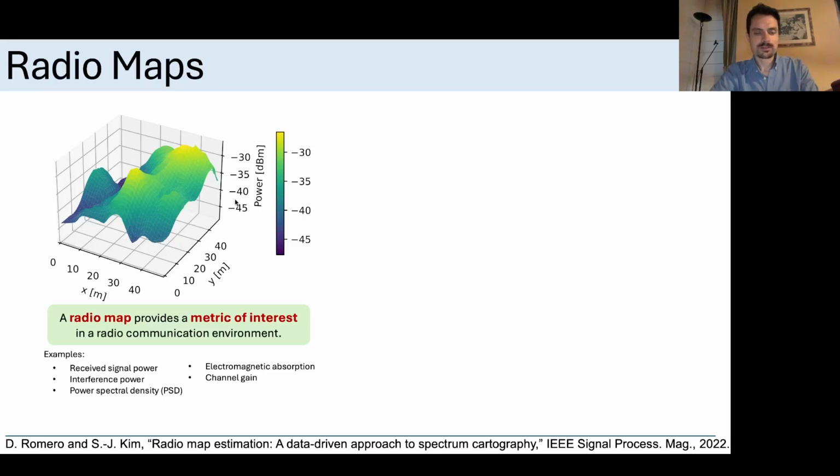So this map essentially would tell us how good the connectivity of our phone would be, right? So the more power, the better, right? But one can construct a radio map for any other relevant metric, such as interference power, PSD, or things like that.